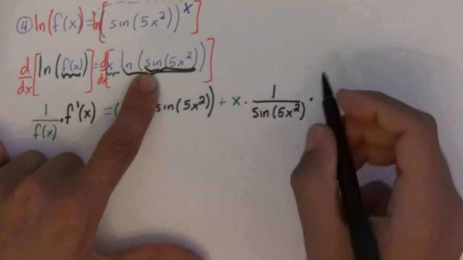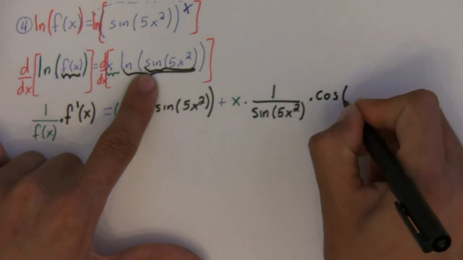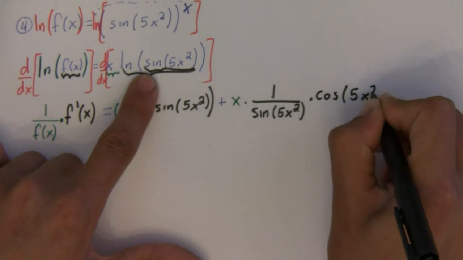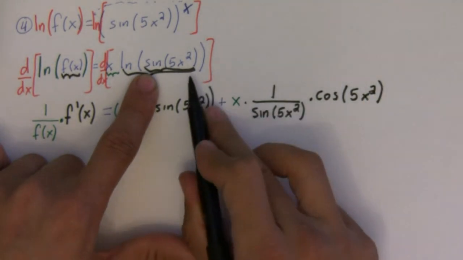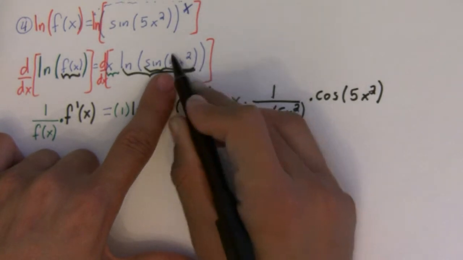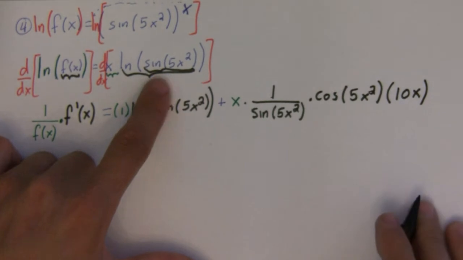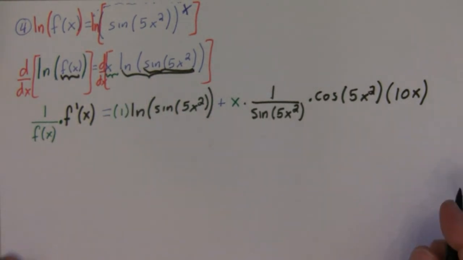Well, the derivative of sine is just cosine, leaving the inside alone. And then last but not least, the derivative of the inside of sine, which is just 10x.